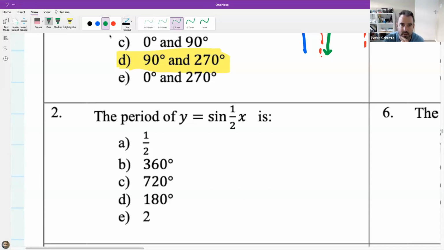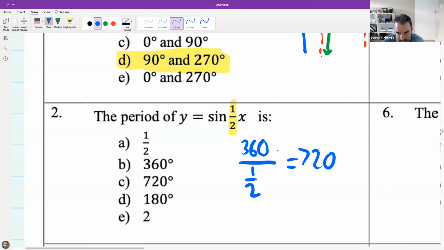Keep those answers coming. I know that this basic sine graph has a period of 360, but I know that the half does something. And what I need to do is divide this by a half, in which case I should get 720. And so the period of this graph is going to be 720.